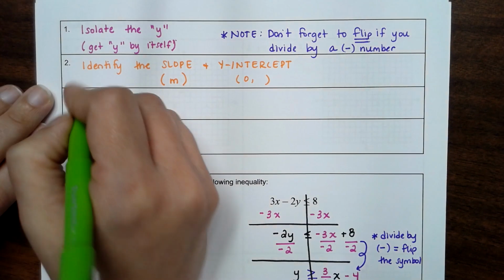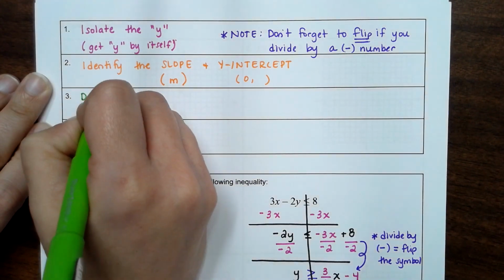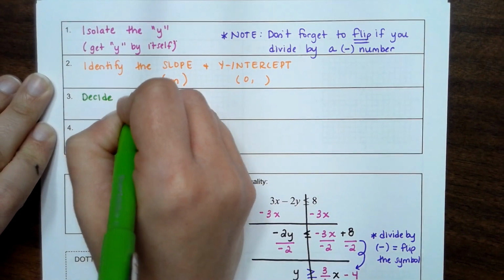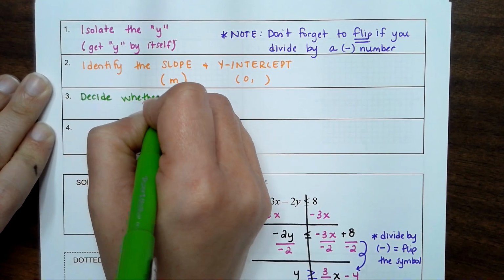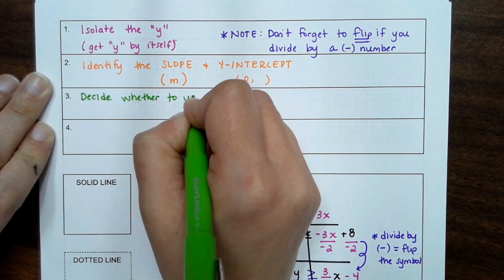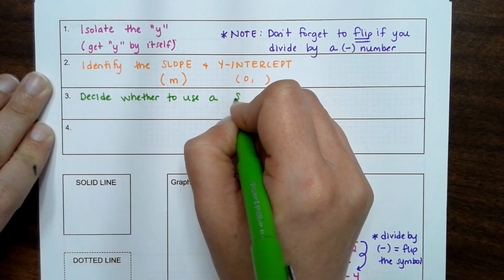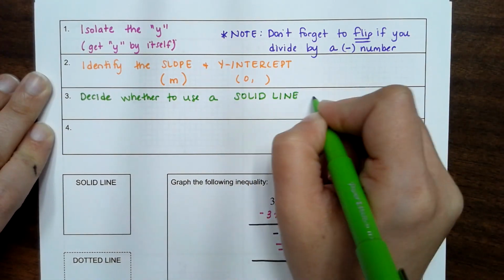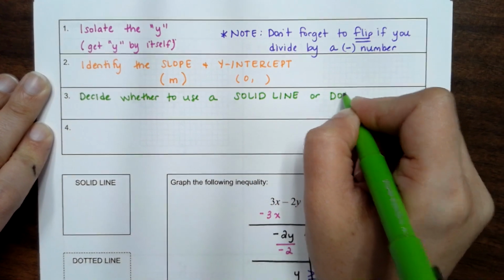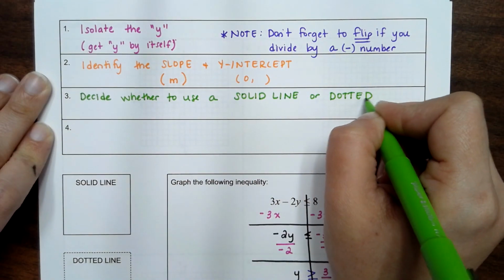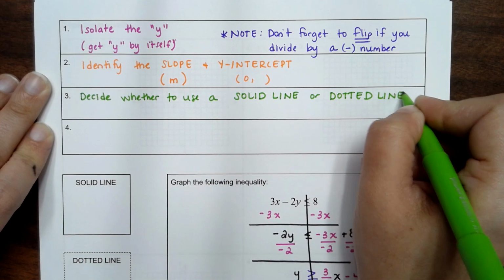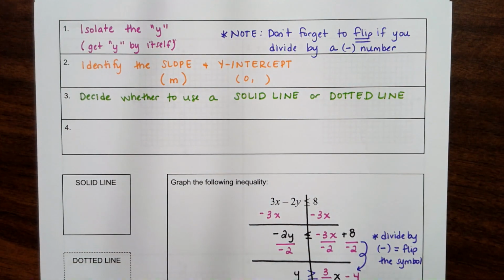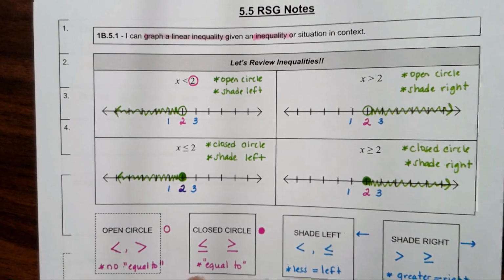The third step is to decide whether to use a solid line or a dotted line. Now, we make this decision in a very similar way to how we decided between an open circle and a closed circle.